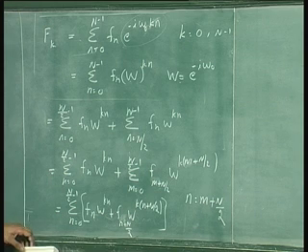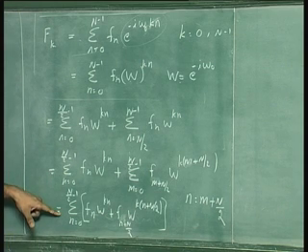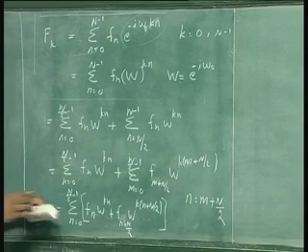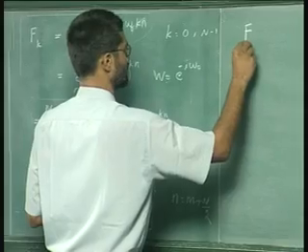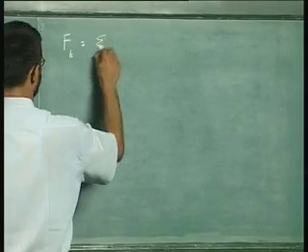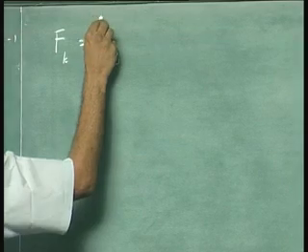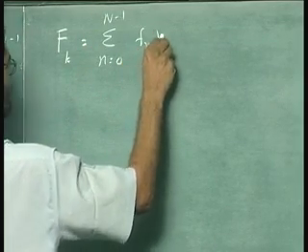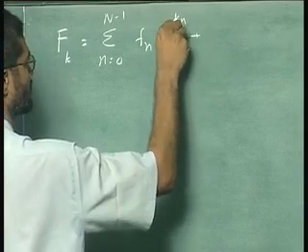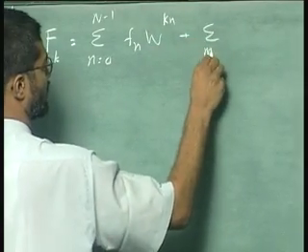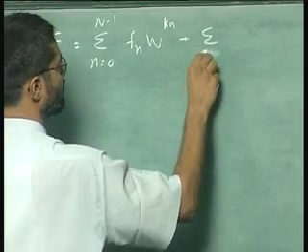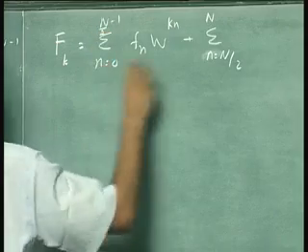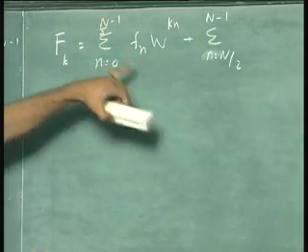Okay, so going back from here, what we have written is this: the Fourier transform we wrote as F(k) equals sigma n equal to 0 to capital N minus 1, and we said I can write it as f(n) W^(kn) plus sigma m going from N by 2 to capital N minus 1. Okay, this is N by 2 minus 1, this is N minus 1.